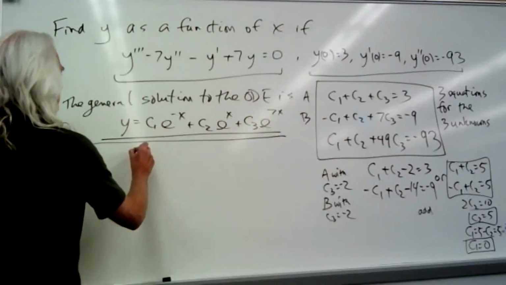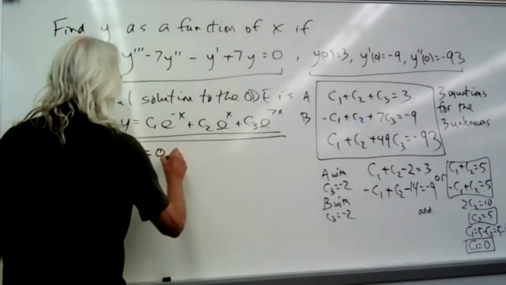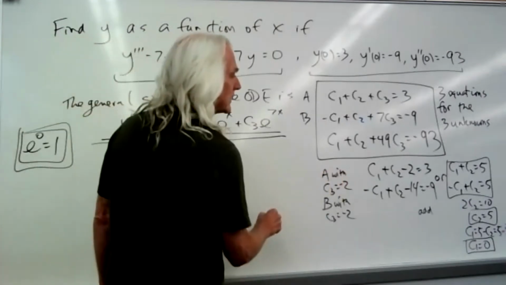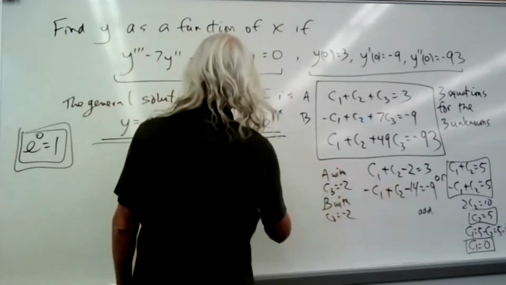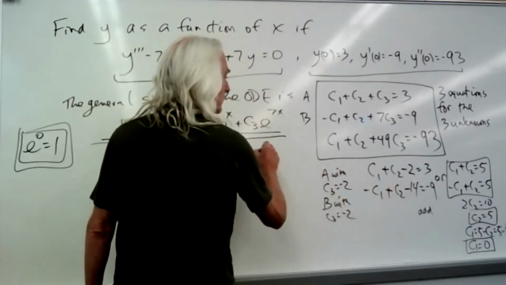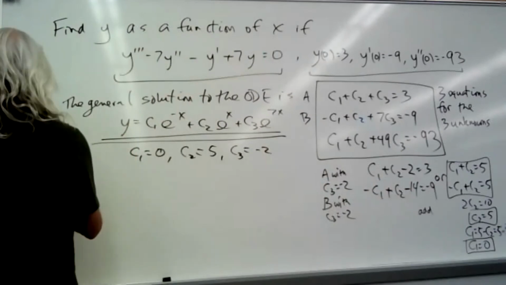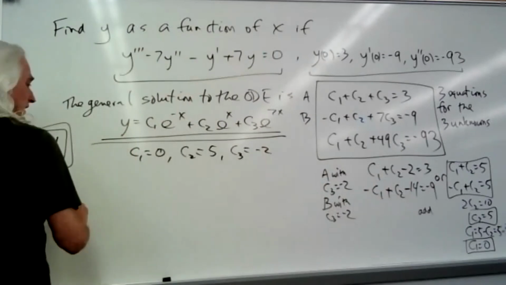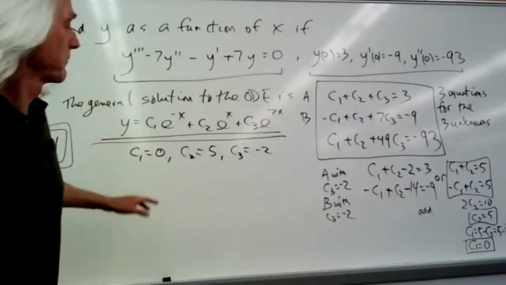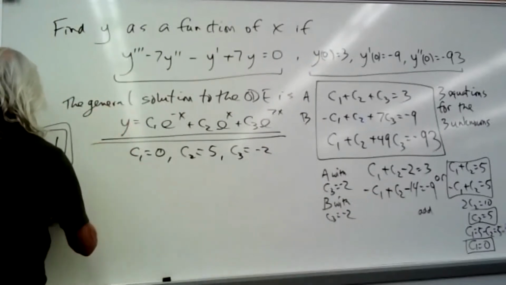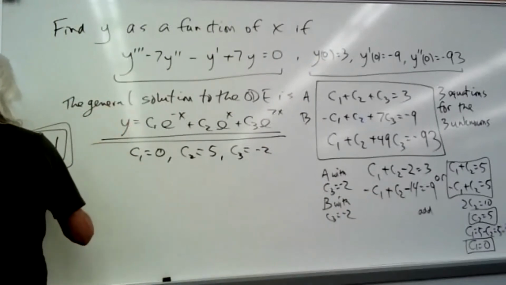But let's remember that we've got C1 is 0, C2 is 5, and C3 is negative 2. So now the solution to the IVP is what I get if I plug these C's back in there.